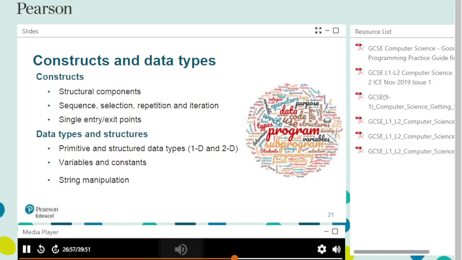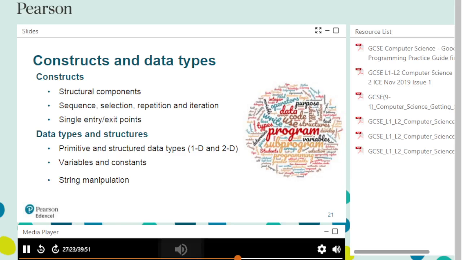Similarly, the specification lists the primitive and structured data types that students need to know about using generic terms, rather than Python-specific ones. The PLS converts these into Python speak, i.e. integer is equal to int, real equals float, etc.